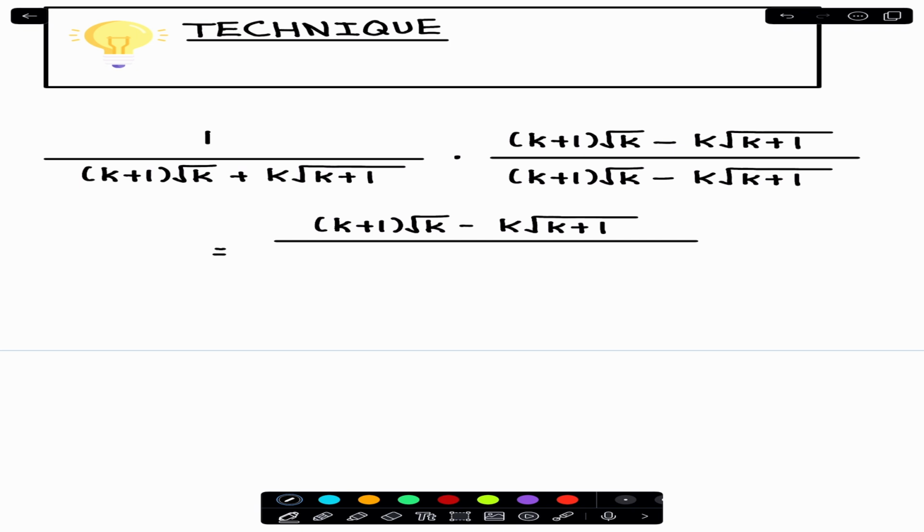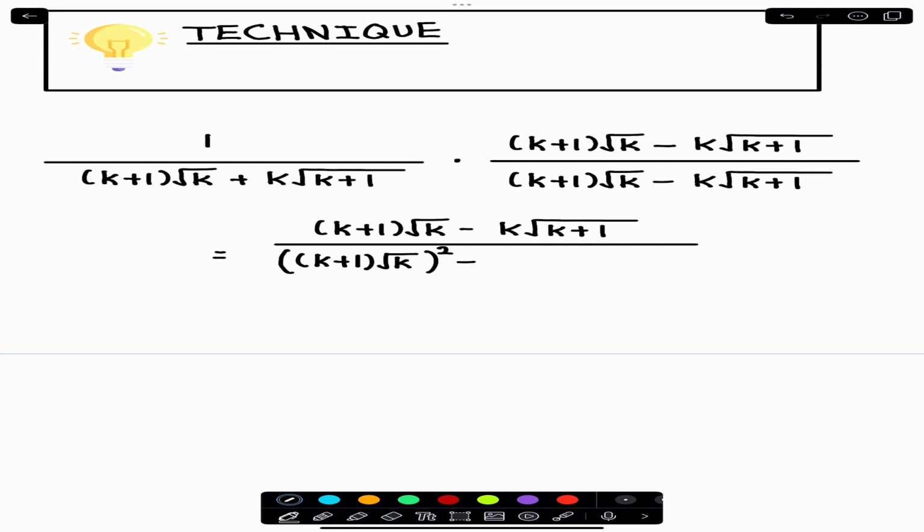So on the bottom we have k plus 1 times root k, squared. So all of this is squared, so I'm going to put another bracket. And then, just to stay organized, we're going to be taking away this term squared.